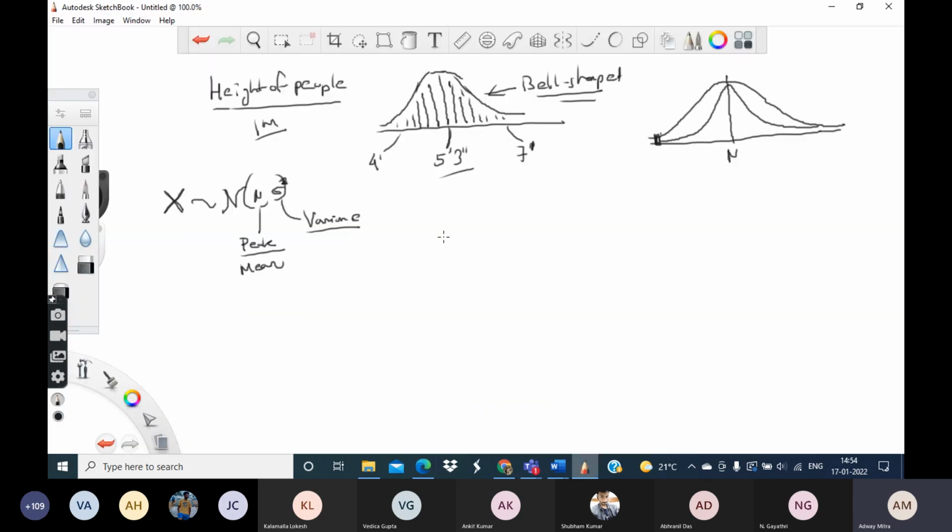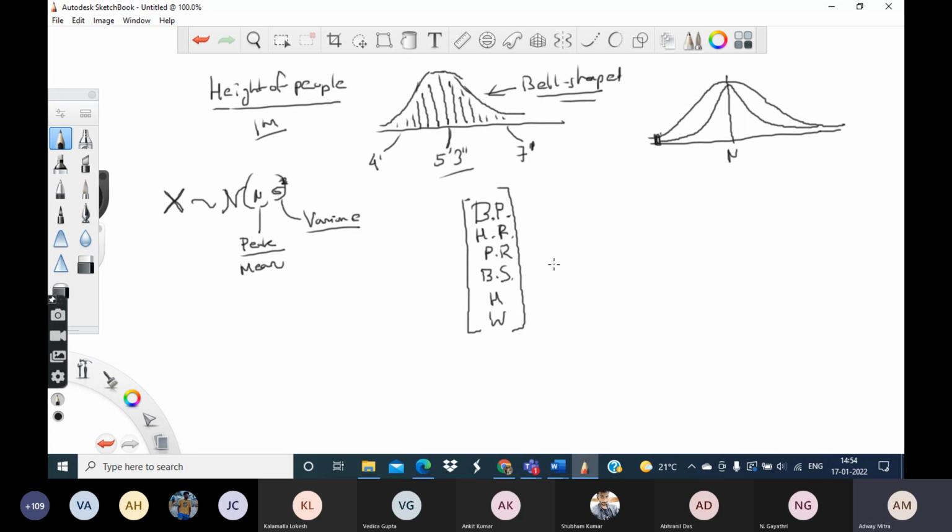Suppose instead of measuring the heights of people, I am measuring a set of attributes of the people. Let us say their blood pressure, their heart rate or pulse rate, maybe their blood sugar level, also their height, their weight, everything. So many attributes we are measuring for different people. Okay, so for every person, we are measuring 6 different variables.